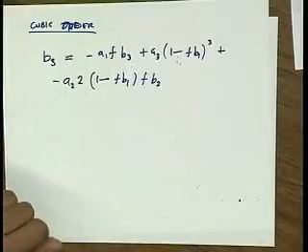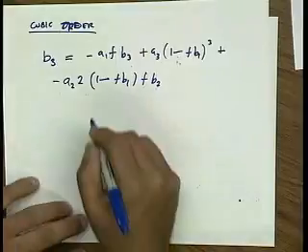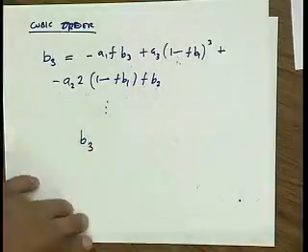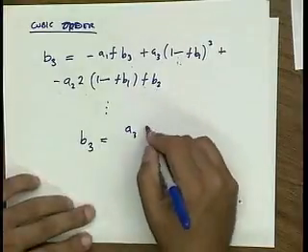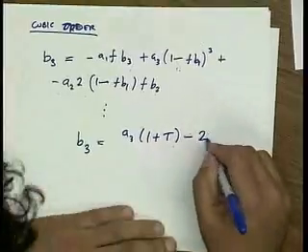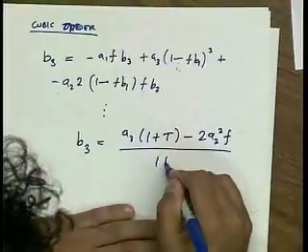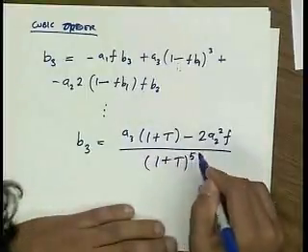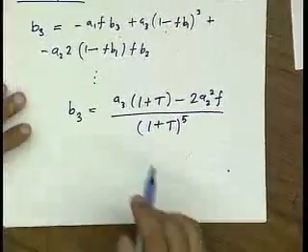Okay, good. So now I do a little bit of algebra, and I won't bore you guys. I solve for B3. And what I get is the following. Okay, so there's some good news and a little bit of bad news.